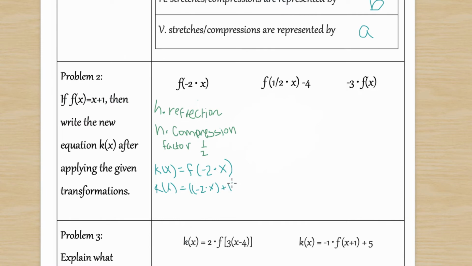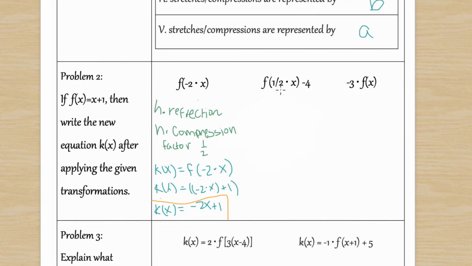So we're going to add that 1 to the end after that, and now we're just going to simplify, and we're going to get k of x is equal to -2x plus 1. And that is our final answer for this one.